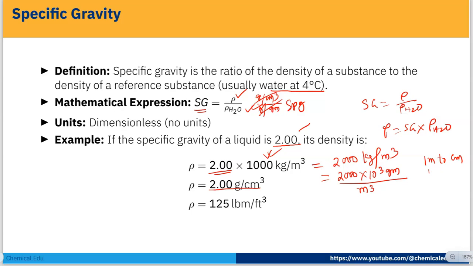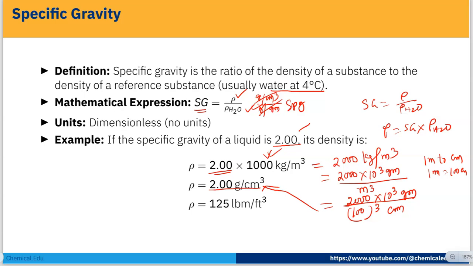So 1 meter is equal to 100 centimeter. So 2000 into 10 to the power 3 gram, and 1 meter cube means 100 cube, that is centimeter cube. From here we get 2 gram per centimeter cube.